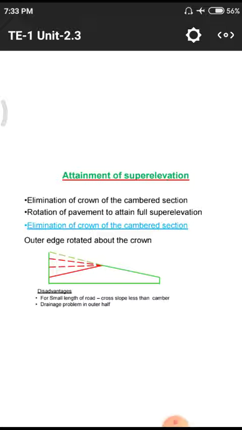That will be uncomfortable for drivers and other users. Next is the drainage problem in the outer half. Whatever side drains and side canals are near the road will all be affected.